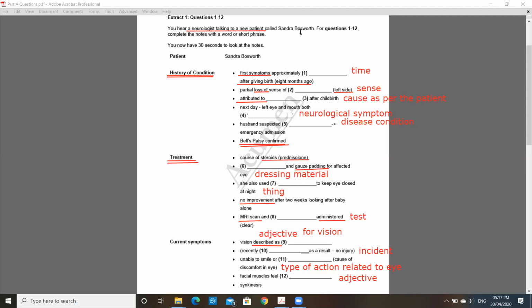Another thing that you would have to keep in mind here is you cannot wait for the patient to use the same kind of words as you have here. For example, attributed to. The patient would not probably use this word as it is. They may use more common phrasal verbs here.